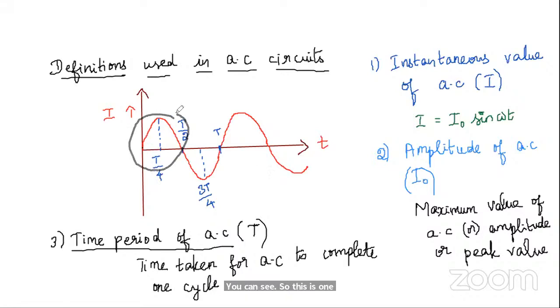It is the value of DC which would send the same amount of charge through a circuit as is sent by AC through the same circuit in the same time. You should not confuse yourself with the definition, so we shall see it by one equation.